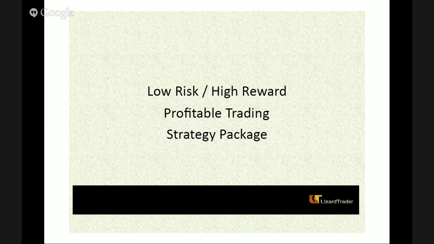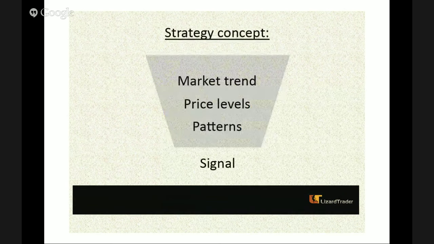So for our trading strategy today, this is what the concept looks like. We're first going to look at how to identify the market trend, and we will then move into identifying price levels where we are interested in looking at trading setups.